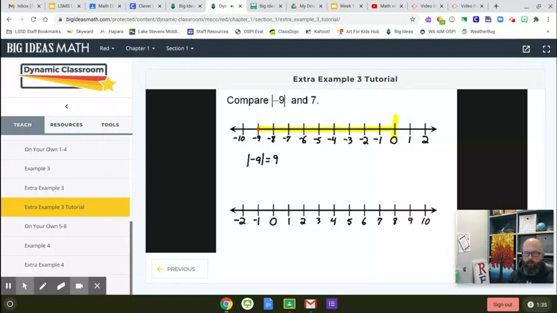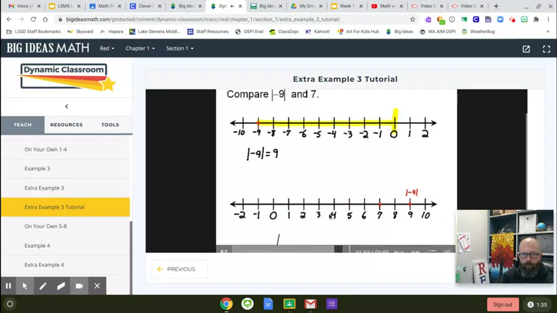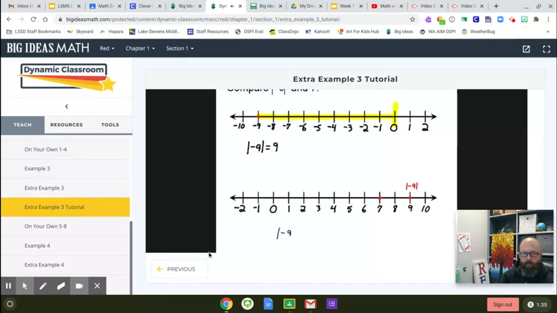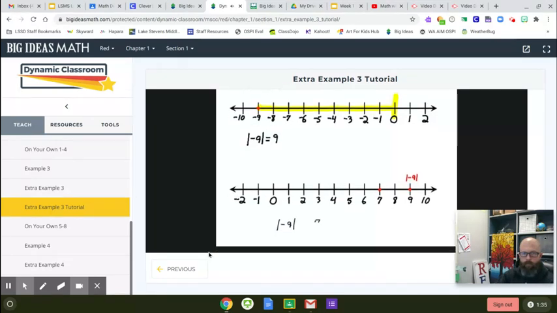Graph the integer 7 by drawing a closed circle at 7. Now we can compare the absolute value of -9 and 7. Because the absolute value of -9 is to the right of 7, the absolute value of -9 is greater.